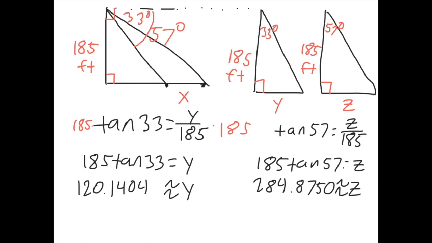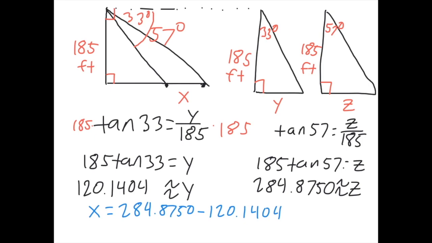Now that we found those two, in order to find x, we have to subtract those two. So x is going to equal the bigger one, 284.8750 minus 120.1404.